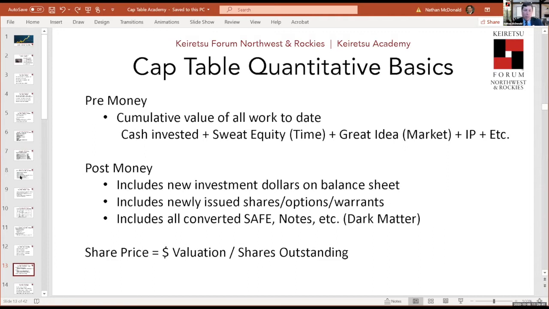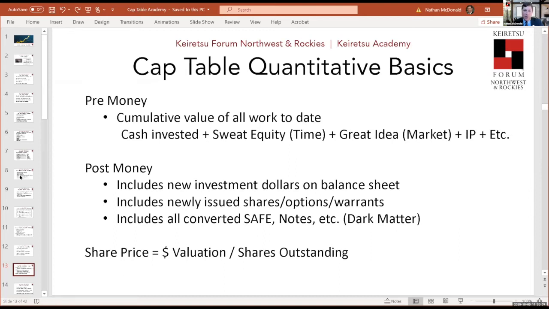And it's become a lot more complicated now to calculate the post money, because it used to be you had the pre-money, you added the cash invested, and then you'd have the post money. But as we've seen over the last 10 years, there's been a huge proliferation of what we call dark matter. And these are agreements where capital's been invested, but it's conditional upon something happening. So it's not quite equity. So it's not quite counted in the fully diluted capitalization of the company.